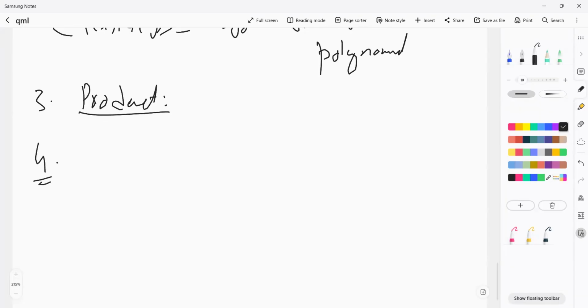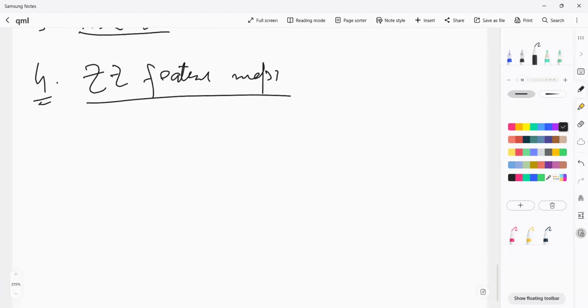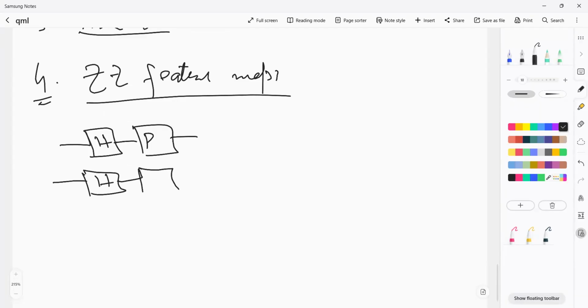Let's talk about one particular technique, the ZZ feature map. If you recall, there was a Hadamard gate, there was a phase gate, there was a Hadamard gate, there was a phase gate.